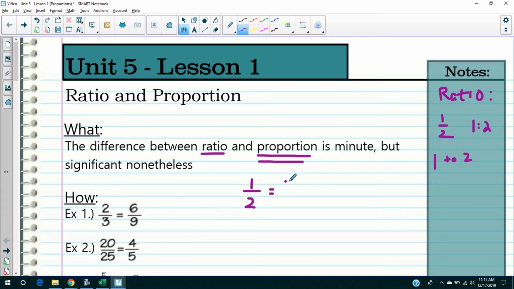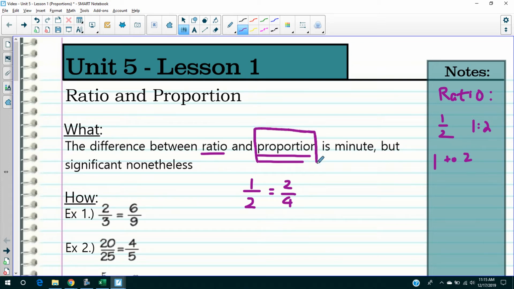So for example, right here, these two are equivalent fractions. Listen very carefully to the way I'm saying this, because it matters. You see how 1 over 2 is equivalent to 2 over 4? The equivalent fractions. So that means that these two ratios, the first being 1/2, the other being 2/4, are in proportion.